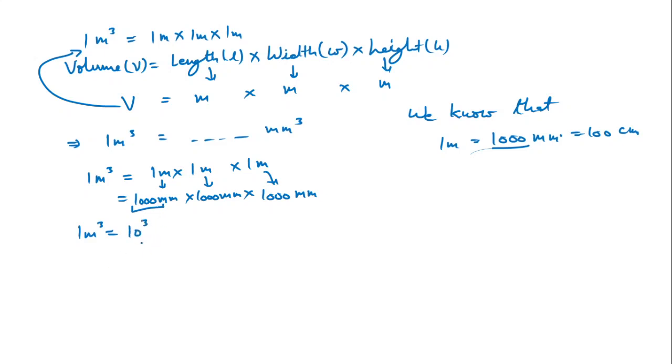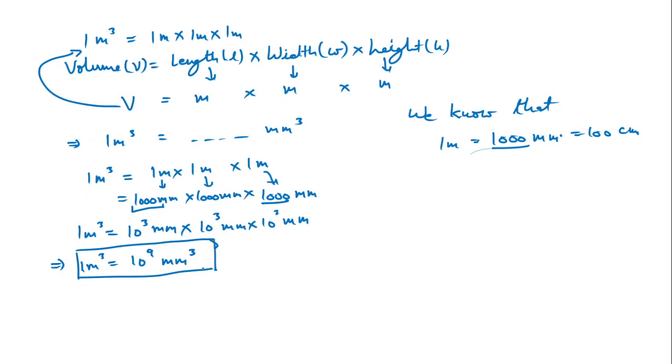In the last slide I have shown how we calculate. So 10 to the power 3 millimeter into 10 to the power 3 millimeter into 10 to the power 3 millimeter. Now if we add up all these three, what do we get? 1 meter cube is equal to 10 to the power 3 plus 3 plus 3, that is 9, millimeter cube. So 1 meter cube is equal to 10 to the power 9 millimeter cube.